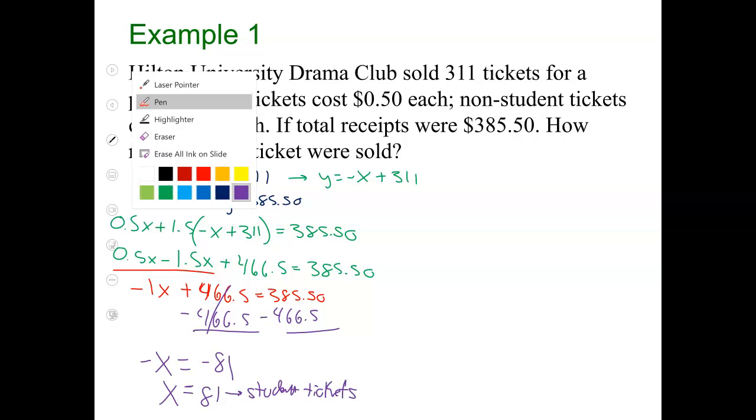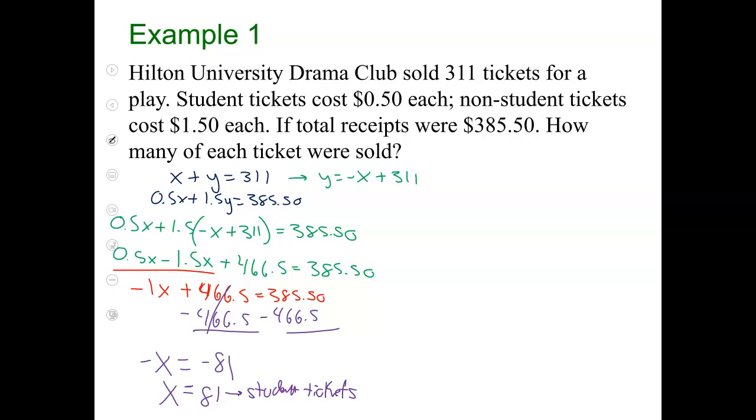Now what? Do you have to plug it back in, or can you just subtract it? You're still plugging it back in. You get to pick which equation you want to use. You plug it back in here, and you're going to be subtracting. So 81 plus y equals 311.